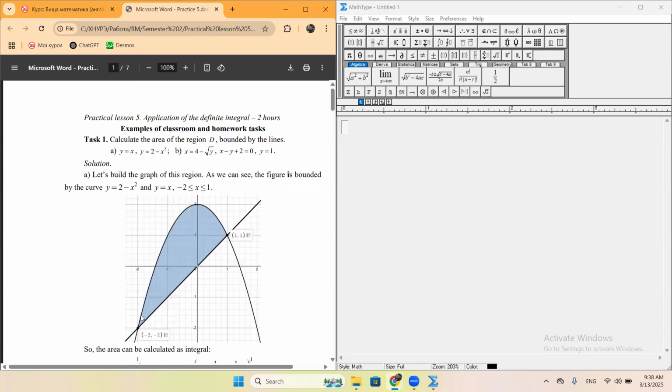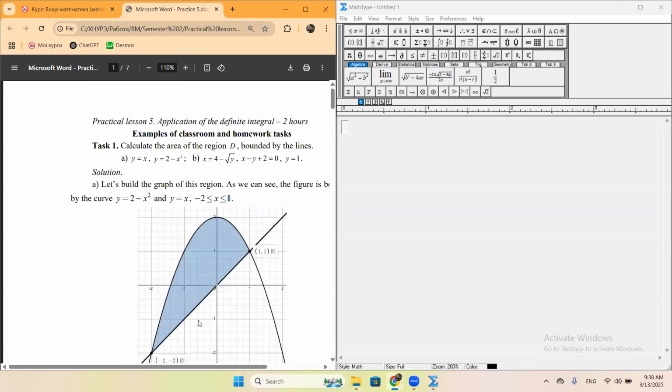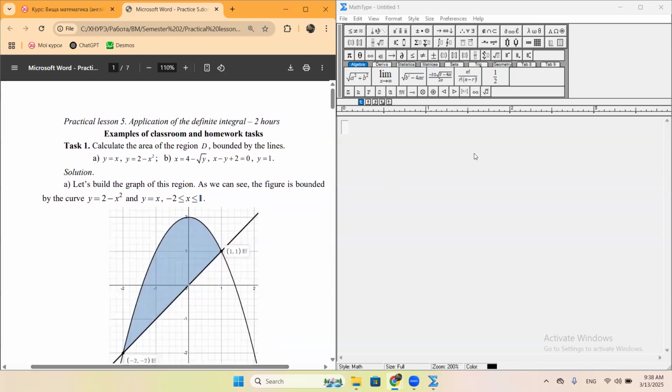So we subtract the lower bound from the upper bound, and then integrate this expression. As we see from the graph, the upper bound is y equals 2 minus x squared, and the lower bound is y equals x. Okay, let's calculate this integral. So let's calculate the area.